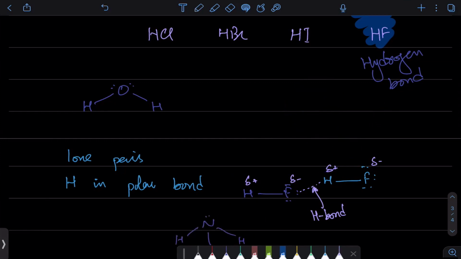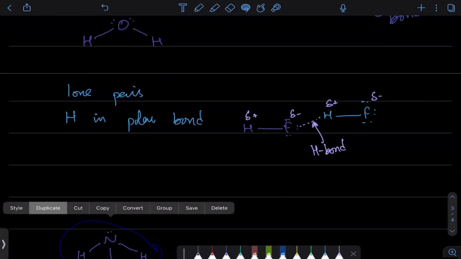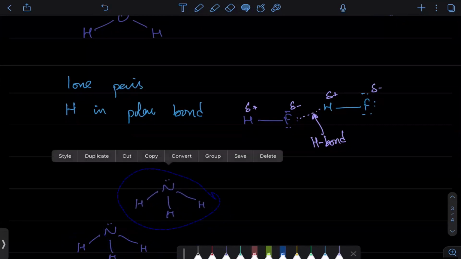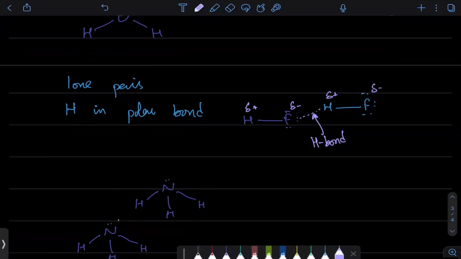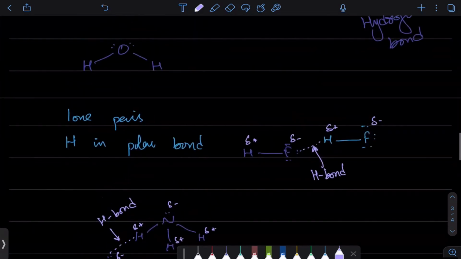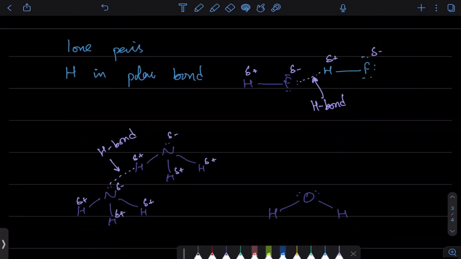In the case of ammonia, if I have another ammonia, then obviously the nitrogen and the hydrogen are all in a polar bond because the electrons are being shared asymmetrically. But this lone pair can attract this hydrogen, and this is an H bond, a hydrogen bond. But in the case of water, the situation is actually way on a different level.